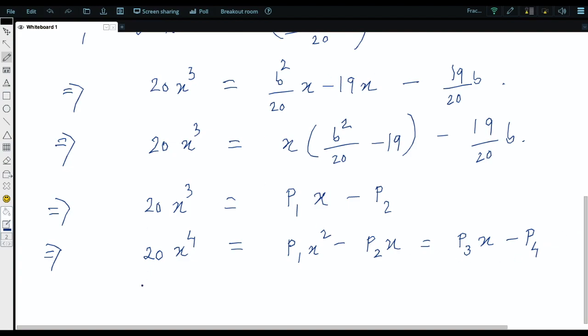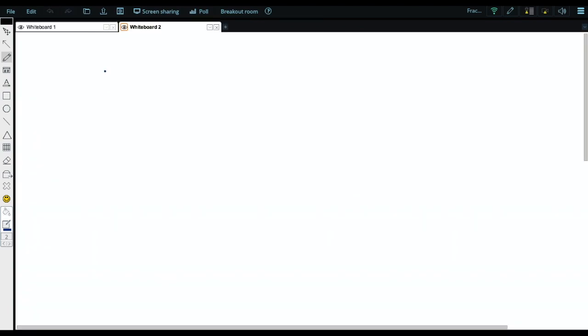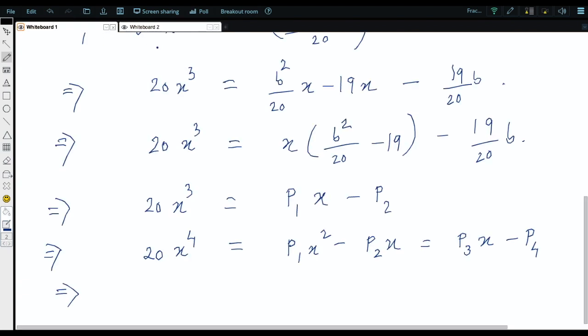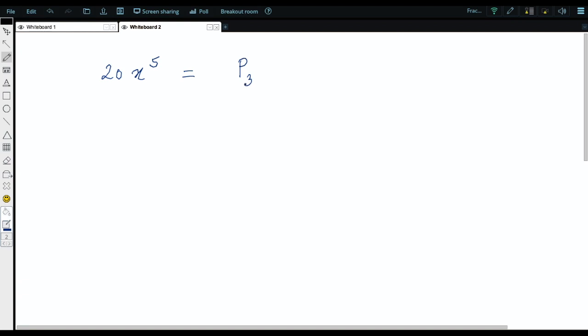Okay, and again we'll multiply with x on both the sides. So let's go to the next page. So 20x to the power 5 will be equal to p3x squared minus p4x.